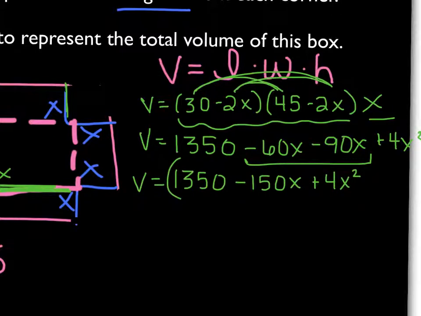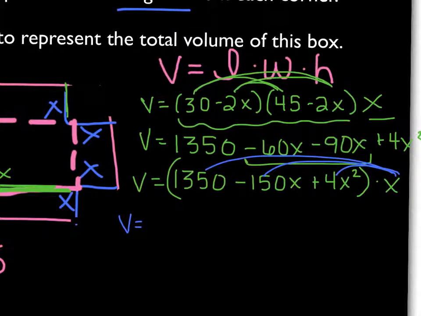And then what do I still have left that I need to multiply by? That x at the end, right? Now that's actually really easy, because that's just a monomial. That's just one term. So all I really have to do is distribute. I know it looks backwards from how you usually distribute, but I'm going to do x times this, x times this, x times this.